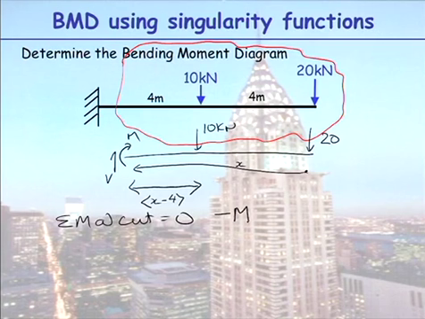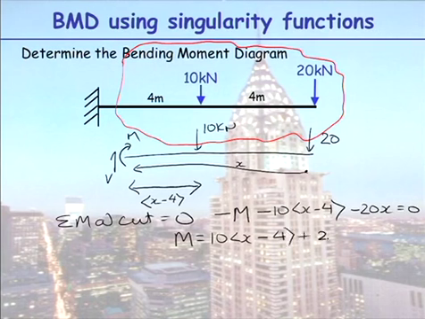So I've got 2 point loads. A moment is force times distance. I have minus M. Then I have minus 10 times (x minus 4). And my second load, minus 20 times x, all equals 0. So nice this time round. Nice and simple.